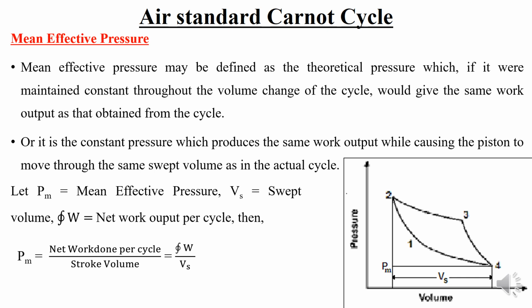To derive it, you should know this formula: mean effective pressure is nothing but net work done per cycle divided by the swept volume. Swept volume is nothing but how much the piston moves from TDC to BDC, or how much expansion takes place. In the PV diagram, it is represented from V2 to V4. So how much volume it crosses is nothing but the swept volume of the cycle.